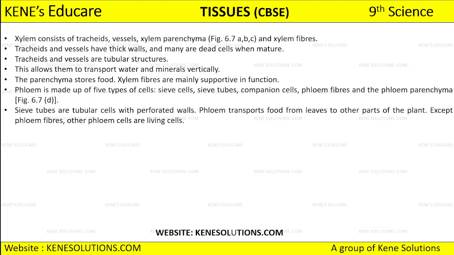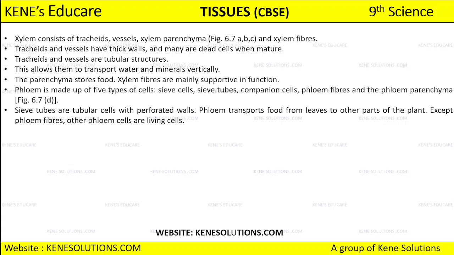As I told you, xylem consists of tracheids, then we have xylem parenchyma, and xylem fibers which are present. Tracheids and vessels both have thick walls, and many dead cells are present when they mature.